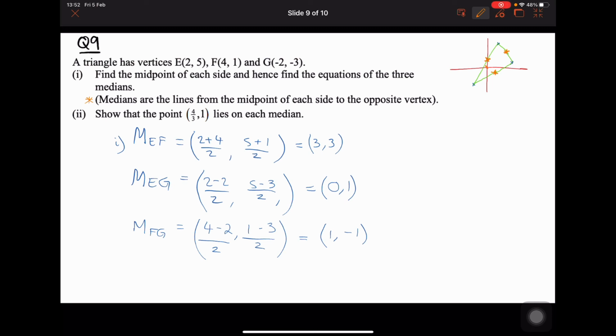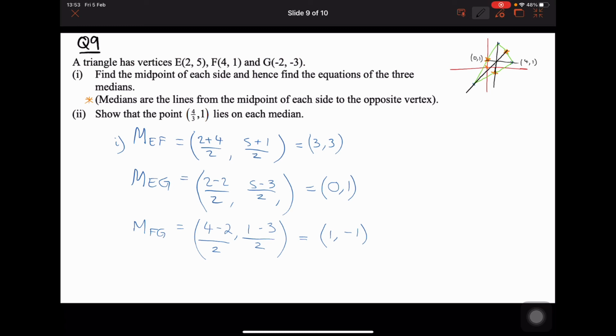So we have this one, and a third one here. It's worth noting what these coordinates actually are. This is 0, 1, and here we have 4, 1.